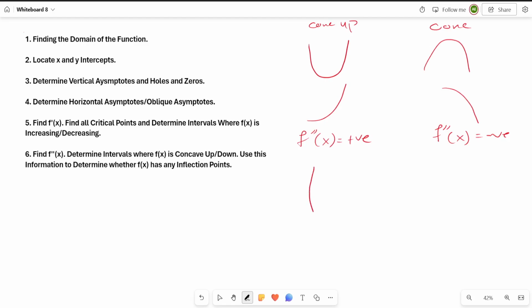An inflection point is basically a point where concavity changes. Let's say we have this shape of the function over here. Can you see that this first part, which I will highlight in green, has a positive concavity? It's tending to have this shape, so it's a concave up part.